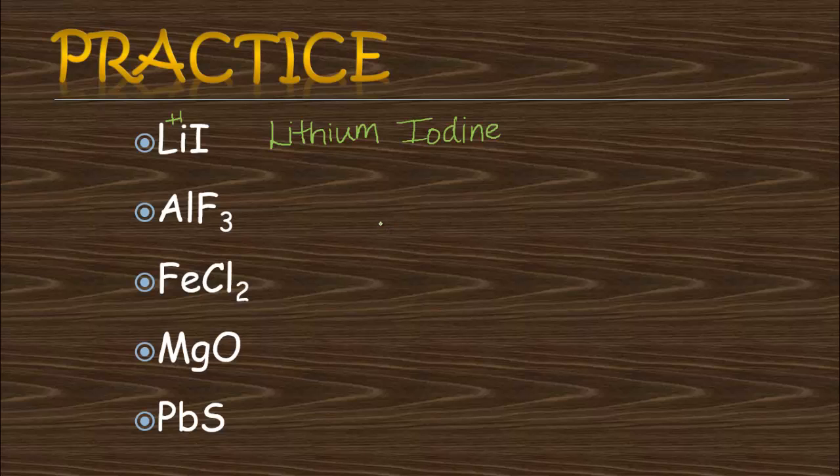If I left it like that, I haven't obeyed that rule for naming my anion. So instead of iodine, I'm going to make it iodide. So I am changing the N to a D, dropping the I and E and changing it to IDE. So I have lithium iodide.